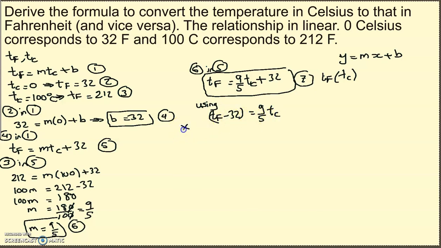And if we multiply the entire equation by 5 divided by 9, and I'm going to move Tc to the left-hand side, that will give us Tc equals 5 over 9 times (Tf minus 32). So this is equation number 8.